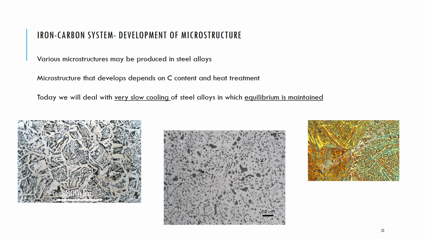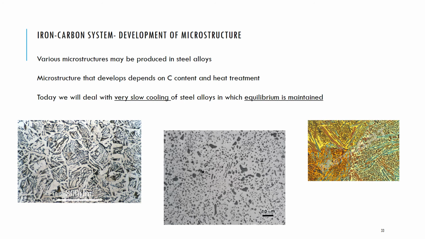And the microstructure has a profound impact on the mechanical properties of the material. And that's what, as engineers, physicists, we aim to do, is tailor the microstructure to yield the mechanical properties that we require for the job at hand.